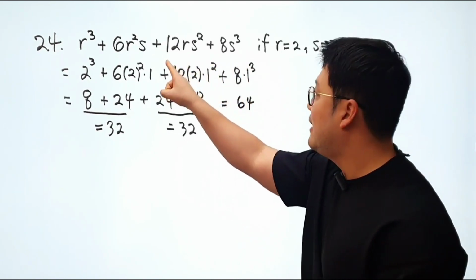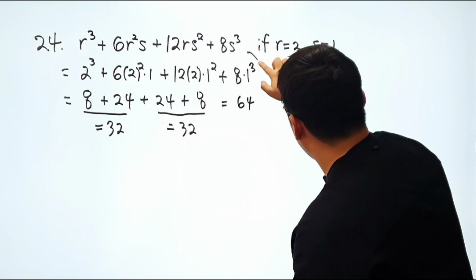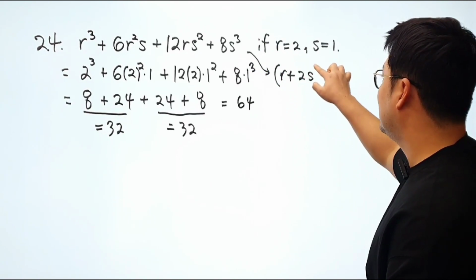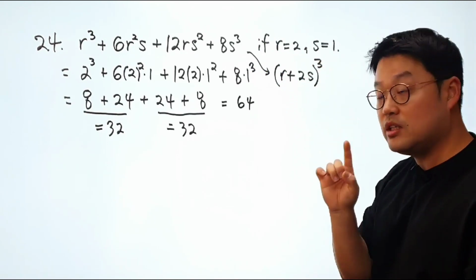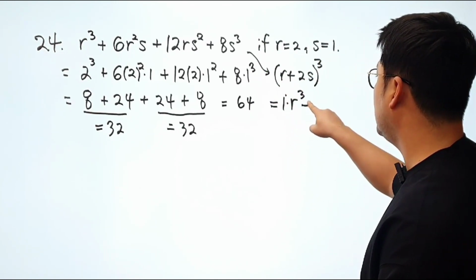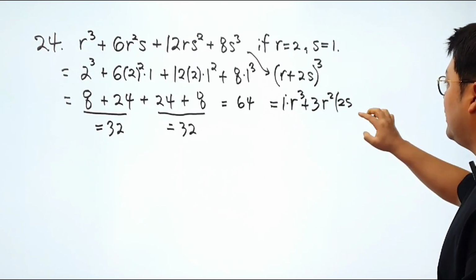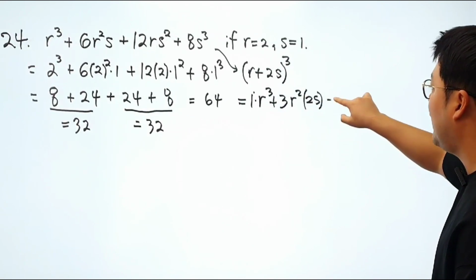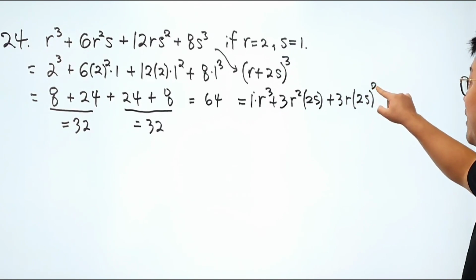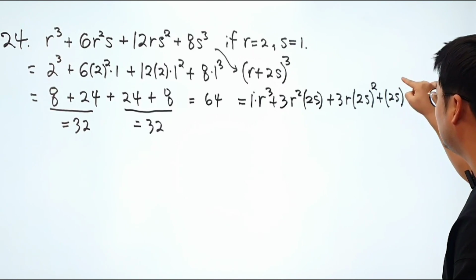Well, come to think about it, that looks like a cubed, and this looks like b cubed. If you say r plus 2s cubed, you can check that these are 1 times r cubed, 3 times r squared times 2s, 3 times r times 2s squared, and we also have 2s cubed.